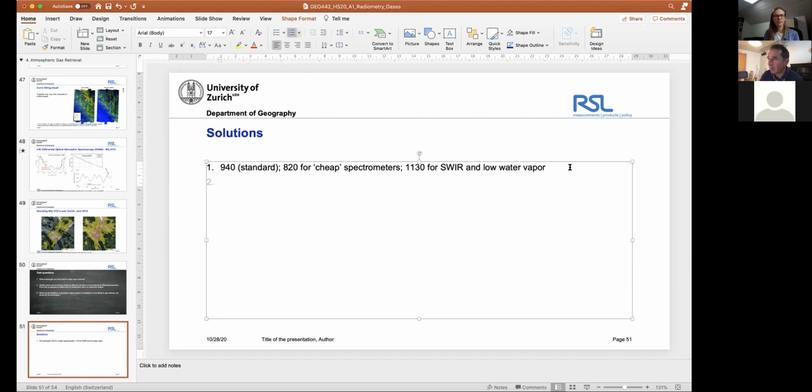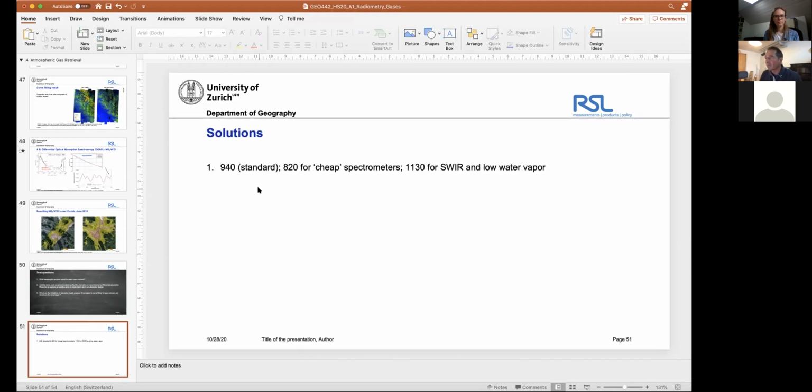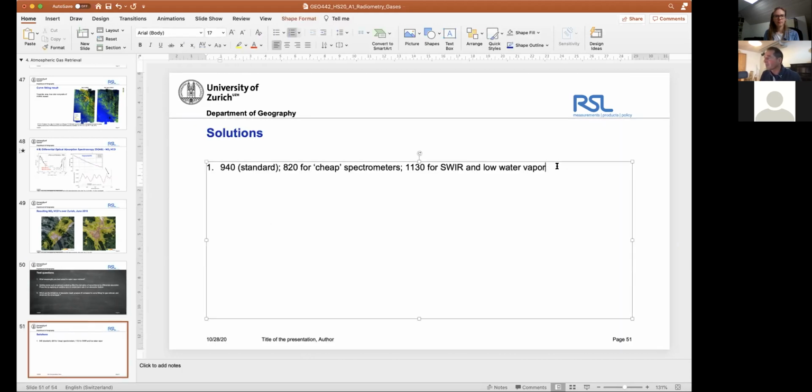The next question would be the additive terms. Well, you can prove this mathematically. A over B is not the same as A plus C divided by B plus C. So if you add something to both, which is C, an additive term, then you don't get the same variation.